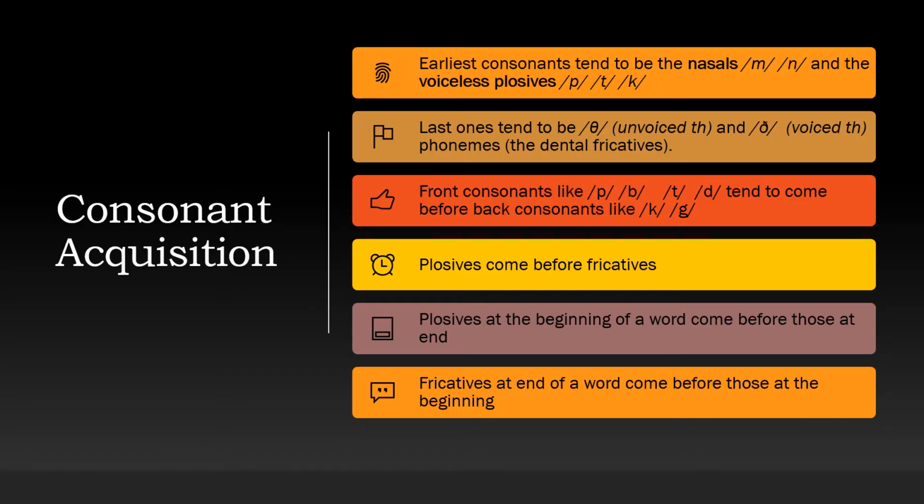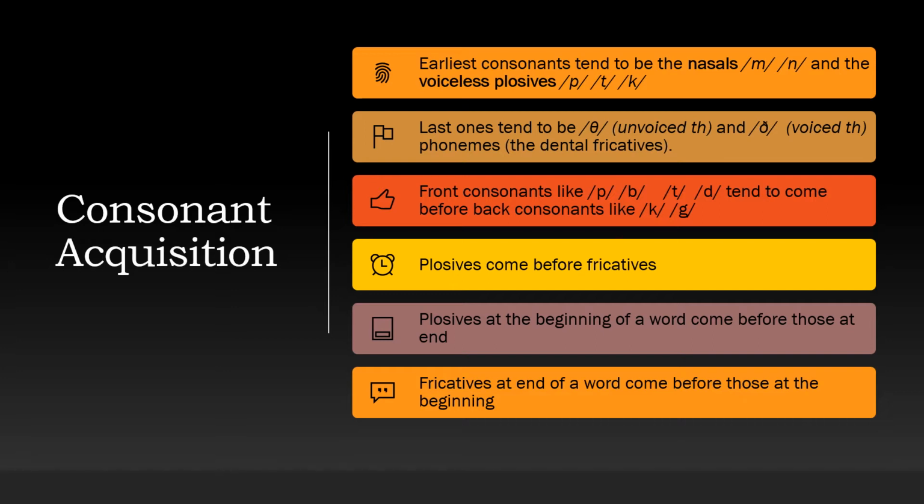The earliest consonant sounds for a child to acquire tend to be the nasals, that is the m and the n, and the voiceless plosives, so things like p, t, and k. The m, for instance, is a bilabial nasal, the n is an alveolar nasal, and then the p is a bilabial plosive, t an alveolar plosive, and k a velar plosive.